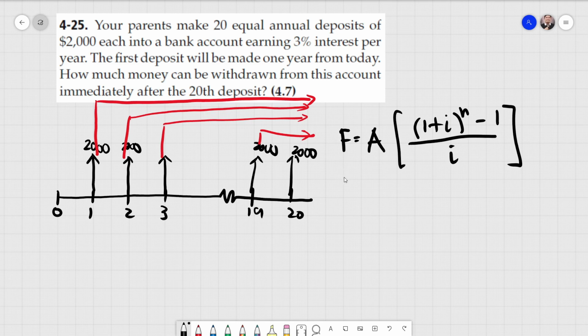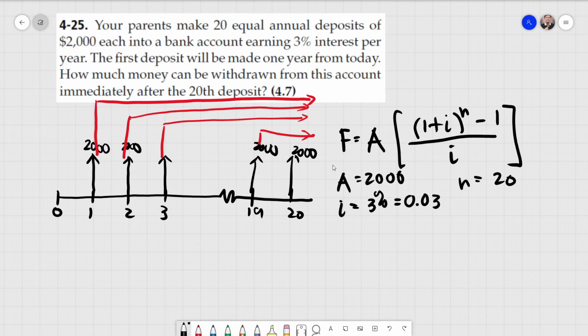For this case, ang ating A, siya yung $2,000 deposit every year for the next 20 years. And ang ating interest rate in this problem is 3%. So just simply 0.03. And ang ating number of periods ay 20. So, 20 years. Substitute lahat natin itong given sa ating equation.